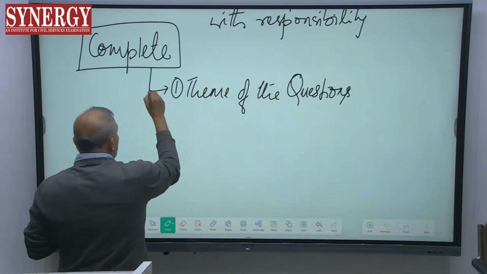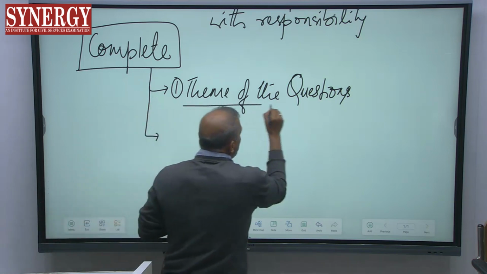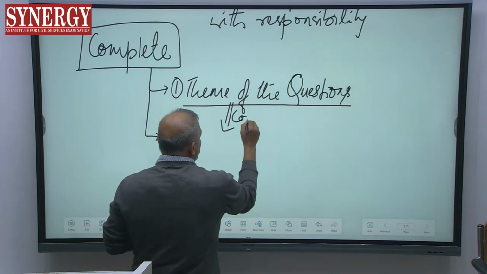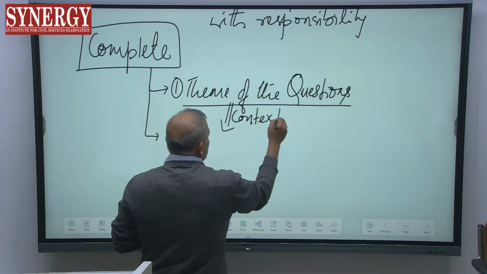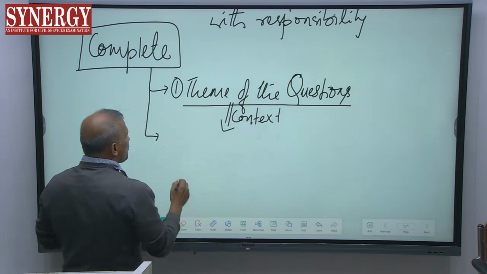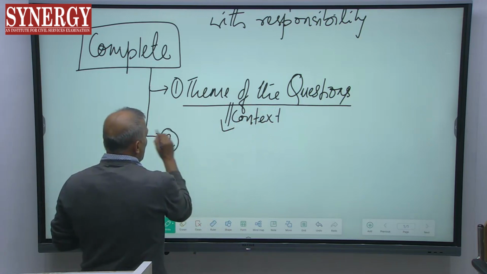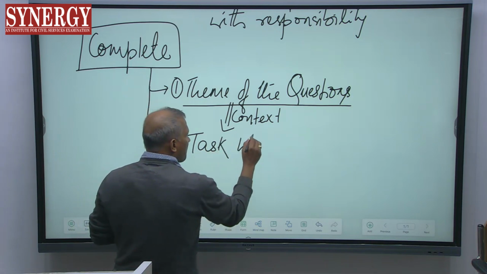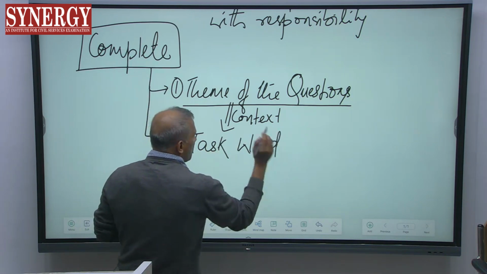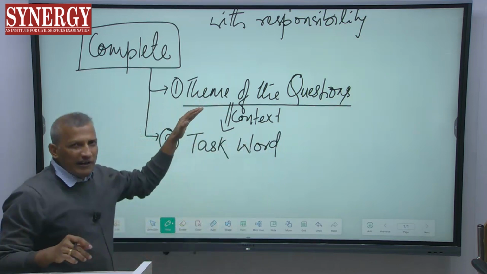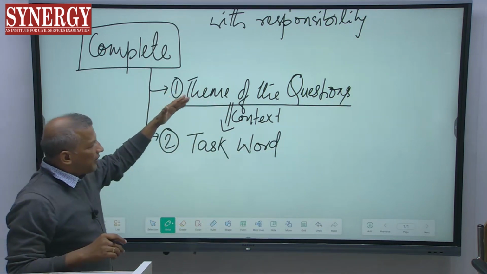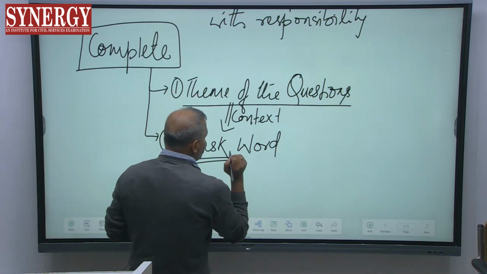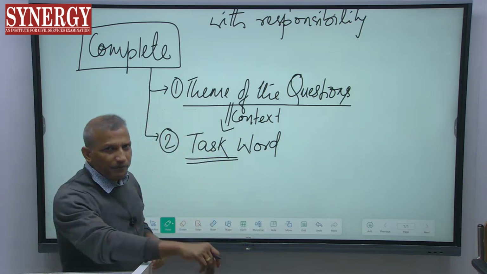The second important thing that you have to keep in mind, in the context of the theme of the question, is the task word of the question. These are not unrelated, these are very much correlated, very much associated with each other. The task word is important.